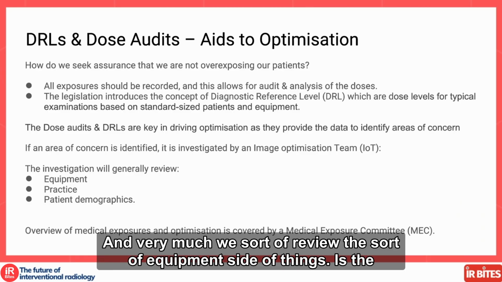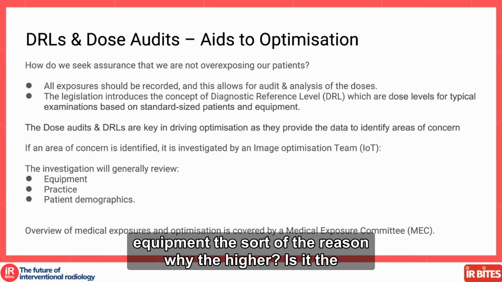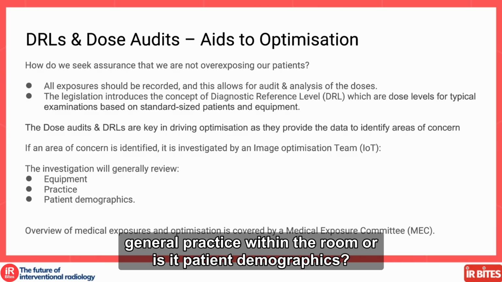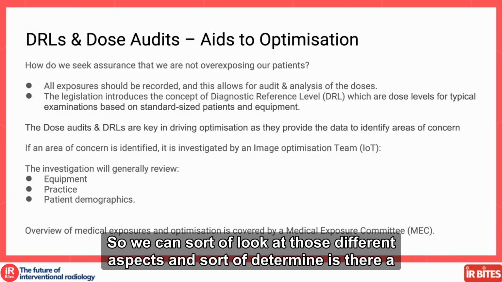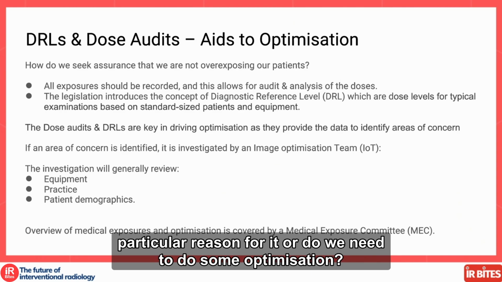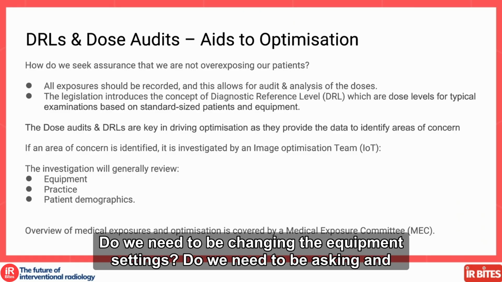And very much we review the equipment side of things. Is the equipment the reason why they're higher? Is it the general practice within the room, or is it patient demographics? So we can look at those different aspects and determine, is there a particular reason for it, or do we need to do some optimization? Do we need to be changing the equipment settings?